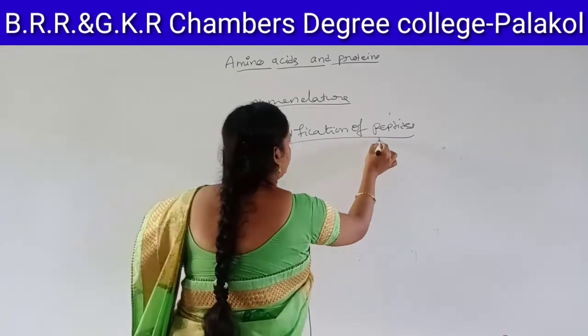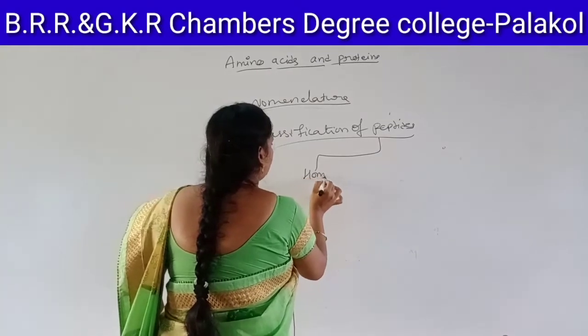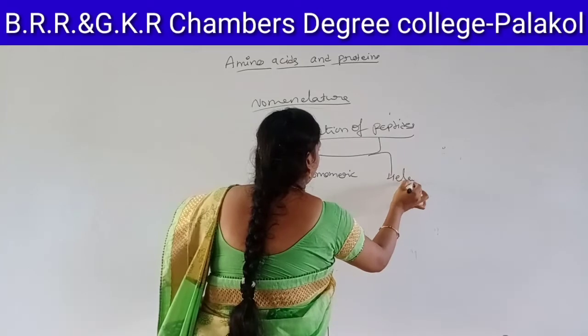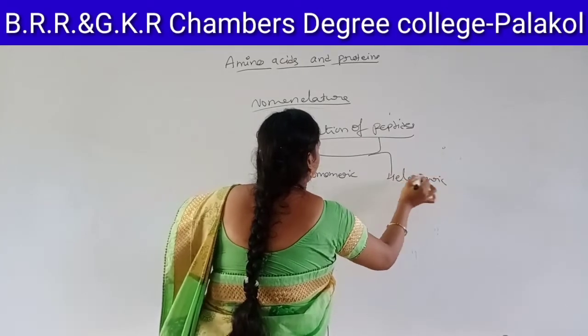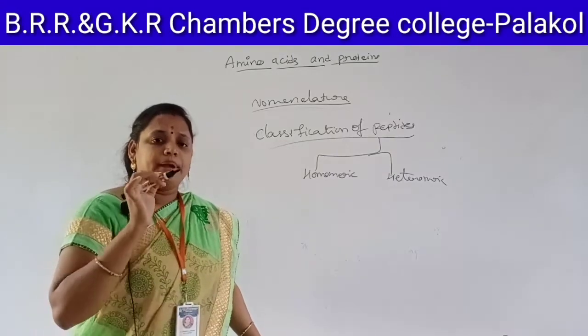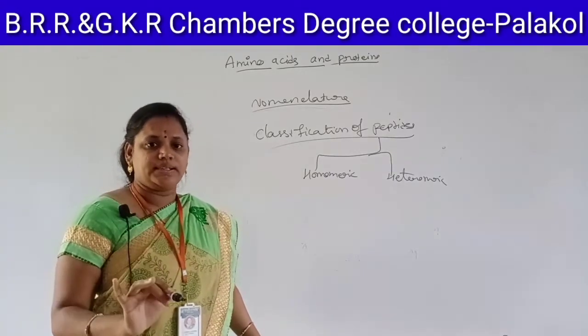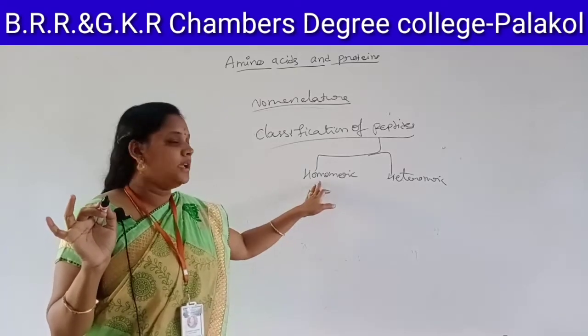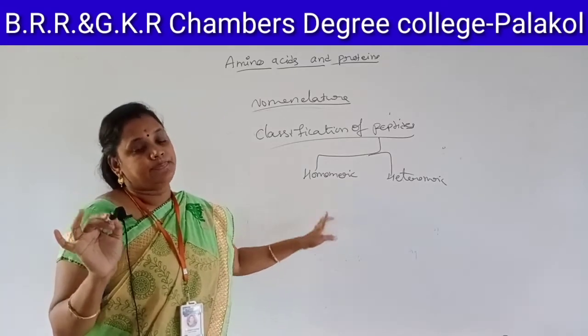They are homomeric and heteromeric peptides. What are homomeric peptides? Peptides on hydrolysis, if they produce only amino acids, then they are called as homomeric peptides.